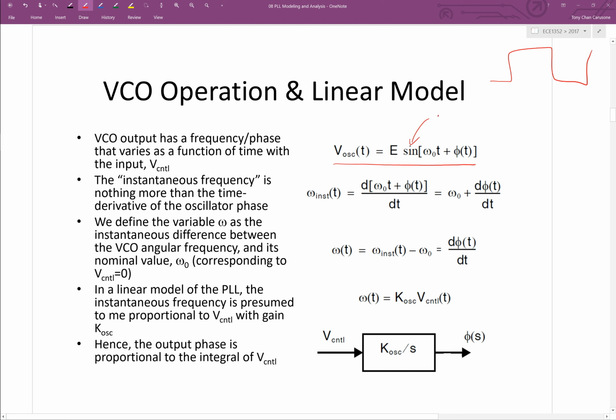We can really replace that sine function with any function that's periodic with period 2 pi. So for example, you can imagine that instead of a sinusoid, it's a rectangular square wave function that's periodic with a period of 2 pi. It doesn't change the rest of our discussion. Here, E is basically the amplitude of the oscillations.